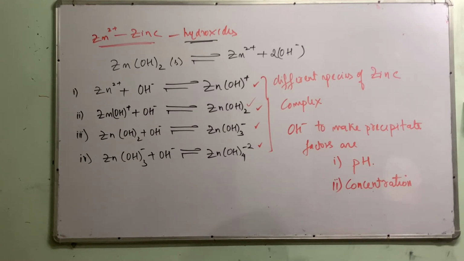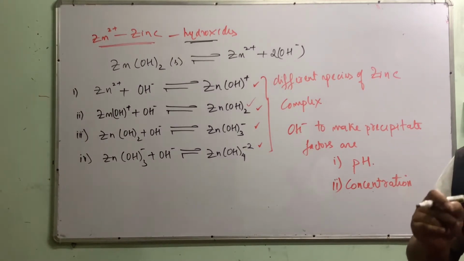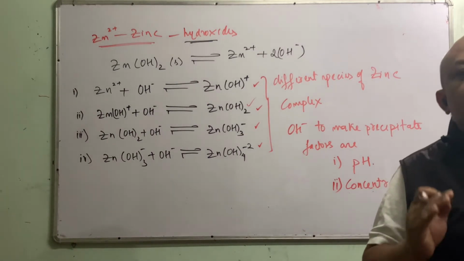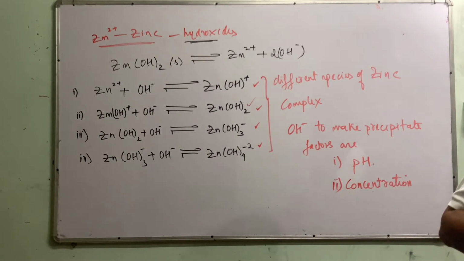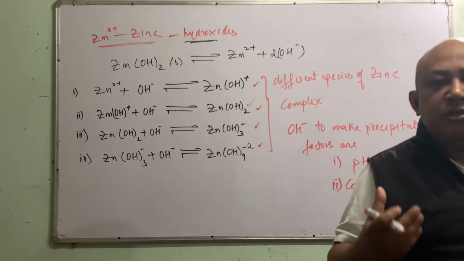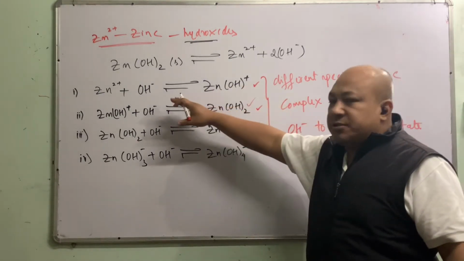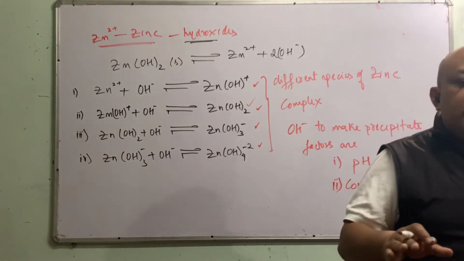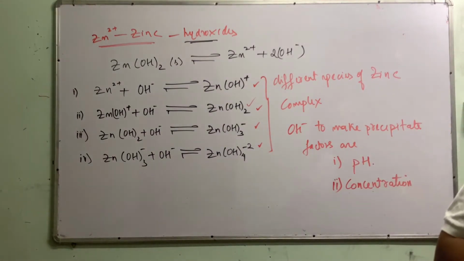I'll give you one example. You have a cup of water. You take sugar, add it, and stir it. The sugar starts dissolving and converts into soluble form, correct? But the more and more sugar you add, the capacity of the water will be over to make the sugar soluble anymore.